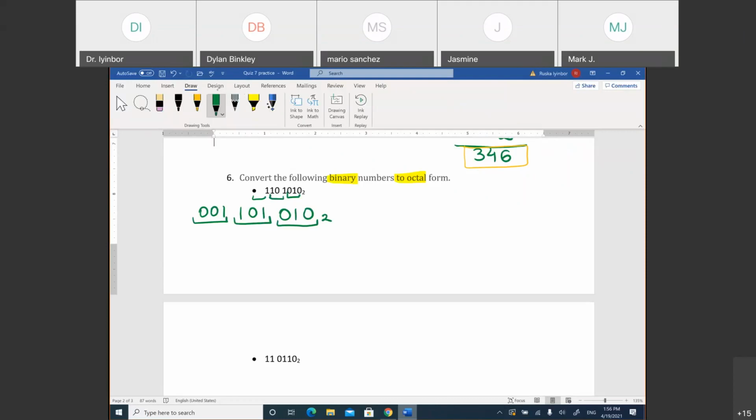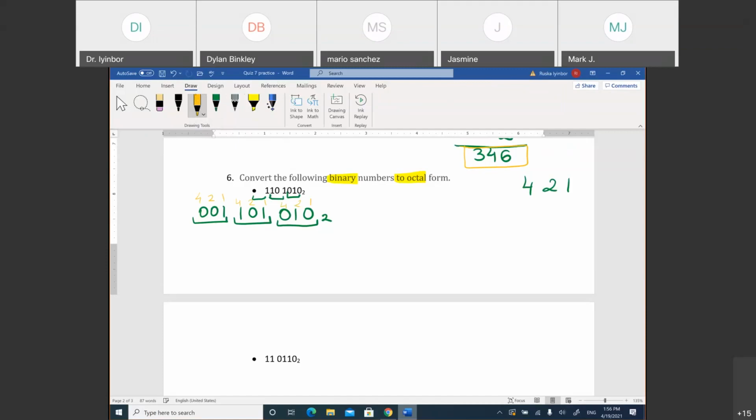Then you have to keep in mind the power of 2. If you have 3 digits, it's going to be 1, 2, and 4. So wherever you have a 1, you add that number. Here we have 4, 2, 1, and this is 4, 2, 1, and this is 4, 2, 1.